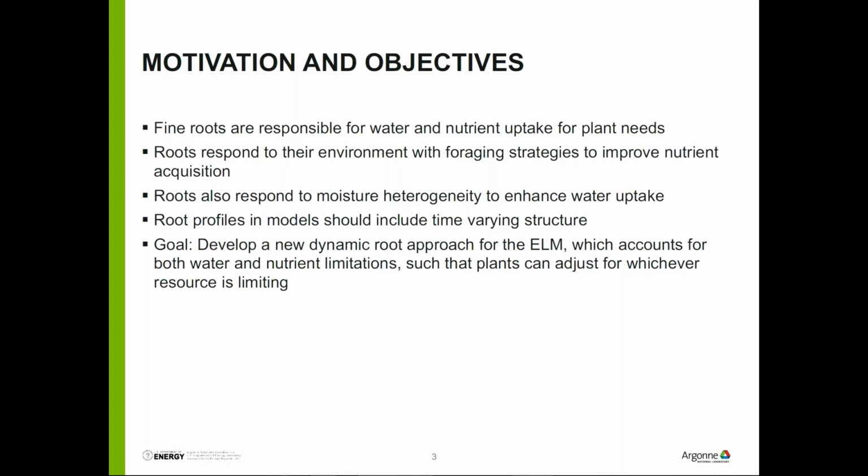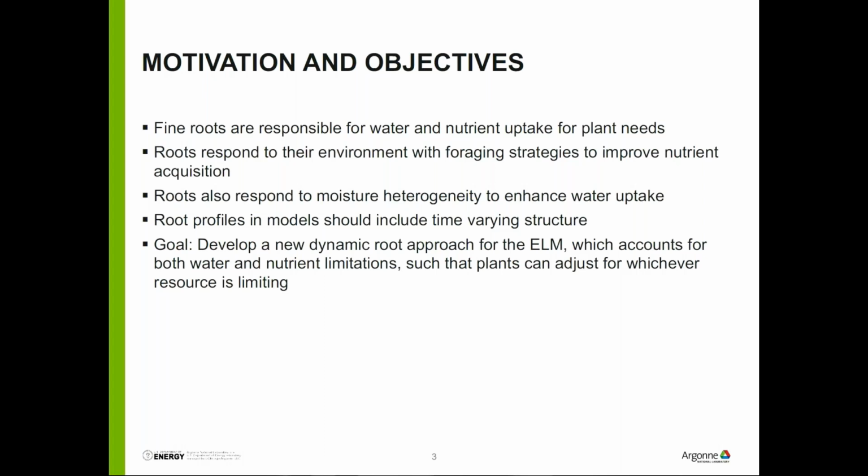But in the model, the roots have this static structure, and so I thought it should vary with time, particularly in the crop model, when we have a very large growth of that root profile over a very short growing season. And then the way that we approached this was robust enough where you could apply it to other vegetation types as well. So instead of being specific just for crops, it expanded all the way into the other types of vegetation.